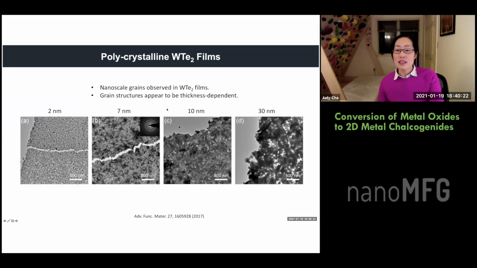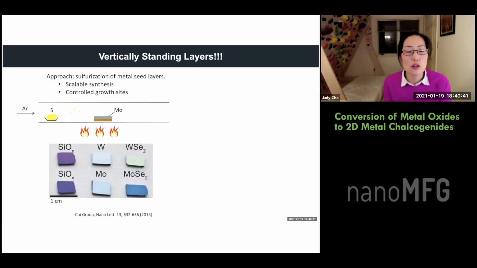So why is that? And the other thing is that for thicker films, the layers are not laying flat, but they start standing upwards. And this we knew from the beginning.